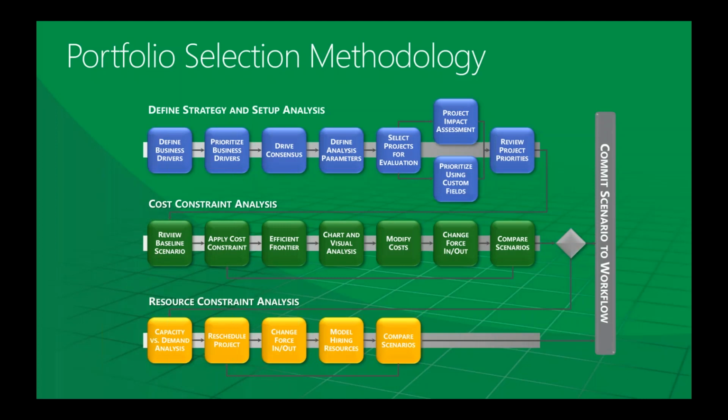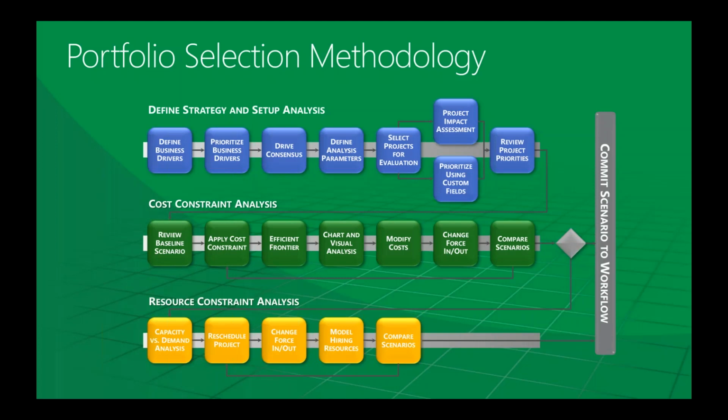Now, you don't have to do both. You can just use the tool for cost constraint analysis or resource constraint analysis, one or the other, or you could simply use the tool for reviewing project priorities based on some of the strategic drivers that we've added, these projects' impact on those strategic drivers, and or other custom fields that you've chosen.